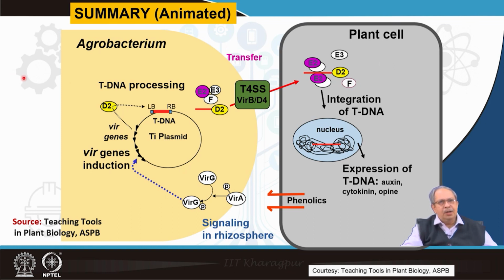As I have mentioned, this is the most reliable method of transferring DNA into plants. This is a natural genetic engineering mechanism perfected over evolution. Now, if you have a piece of DNA and you put it between the left border and right border, then what is going to happen?